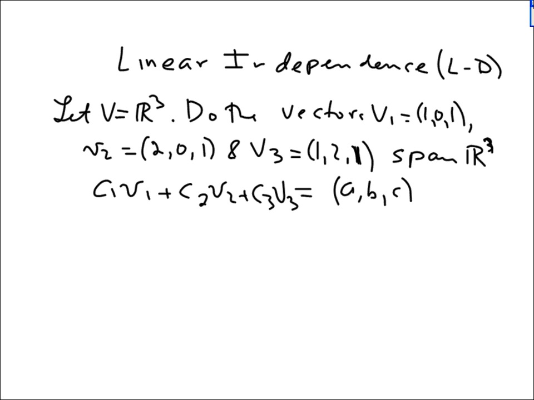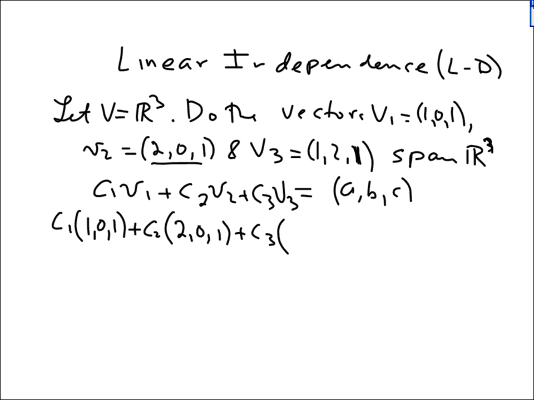Okay, so what we have is the following. It's C1 times V1, which is 1, 0, 1, plus C2 times V2, which is 2, 0, 1, plus C3 times V3, and we want to be able to get ABC.